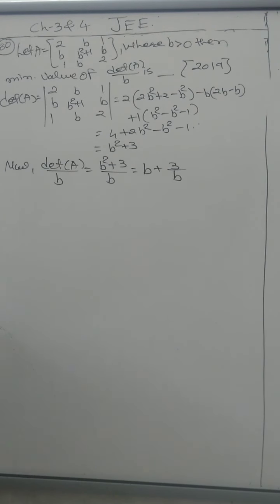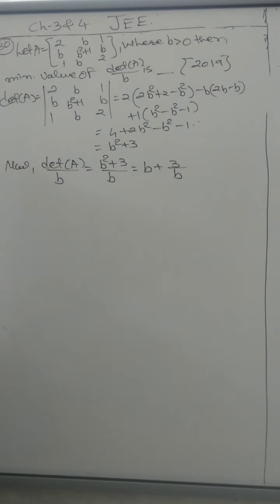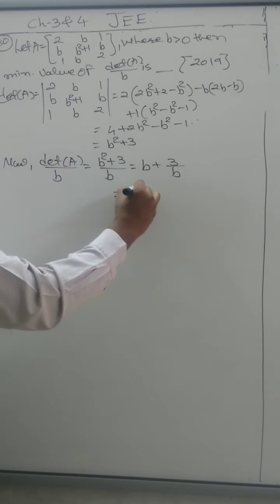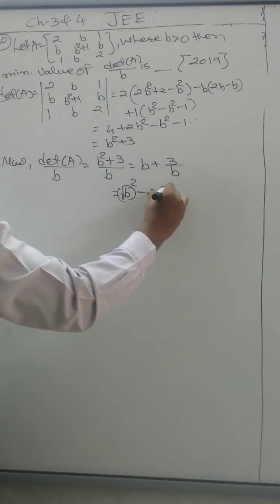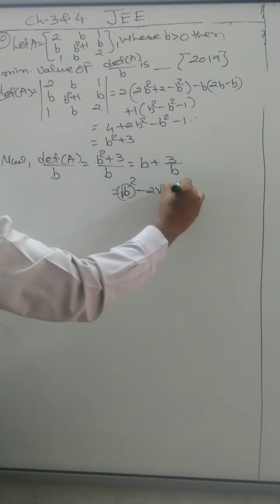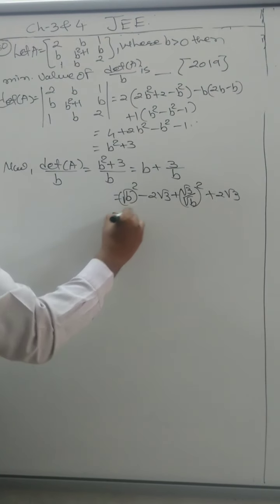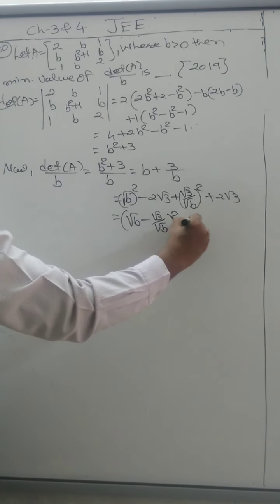Now we want to find when this value is minimum. So what can we take? We take the middle term of these two. We know that the middle term is (√b − √3/√b)² + 2√3.